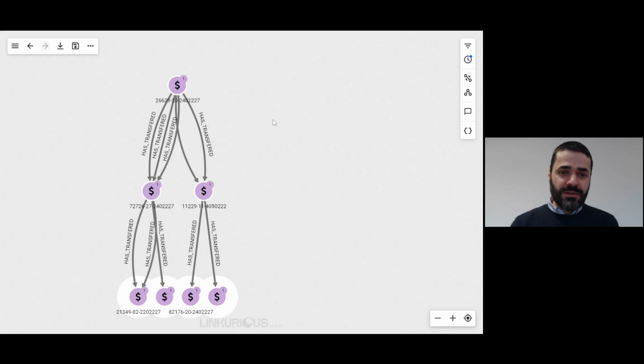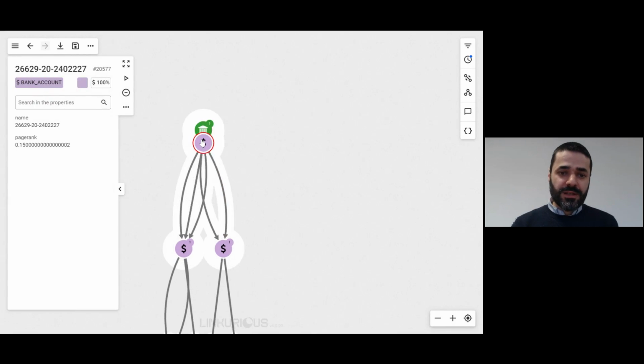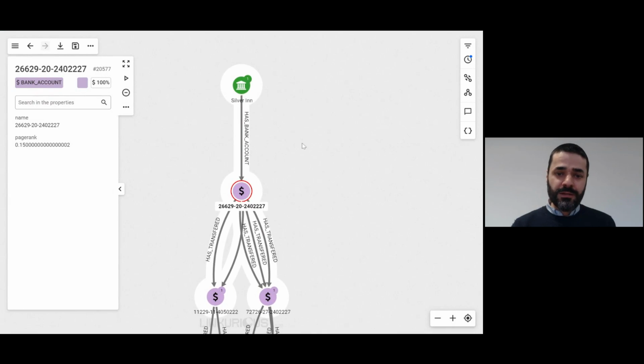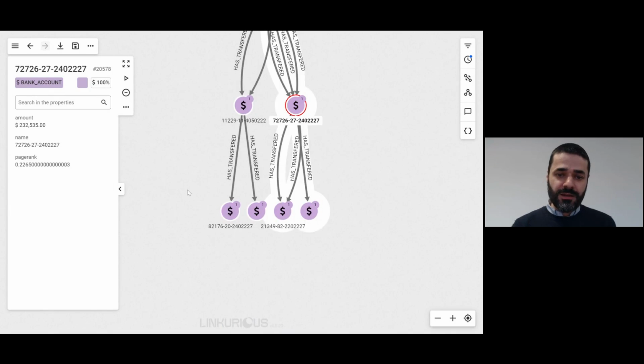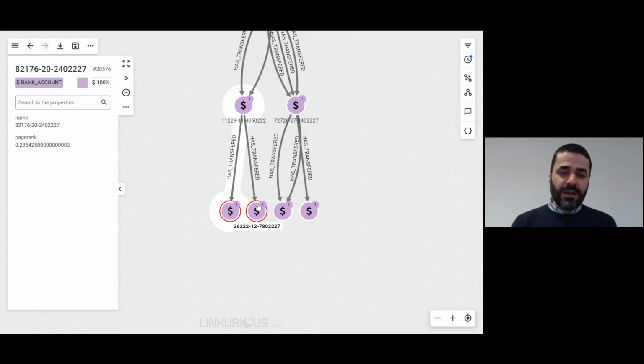And here we see the bank account that's connected to Silver Inn, which is the initial company. It's sending money to two other bank accounts. And then these two bank accounts are sending the money one layer deeper in the network to four bank accounts.